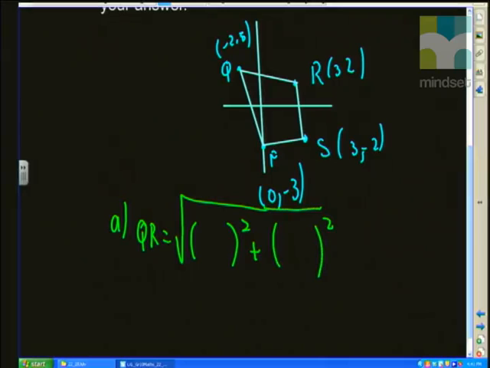All right, so using Q and R, it's going to be x1 minus x2, so it's going to be 3 minus (-2), and you note that I've put the minus 2 in brackets so that our signs are correct, and then it's going to be 2 minus 5.